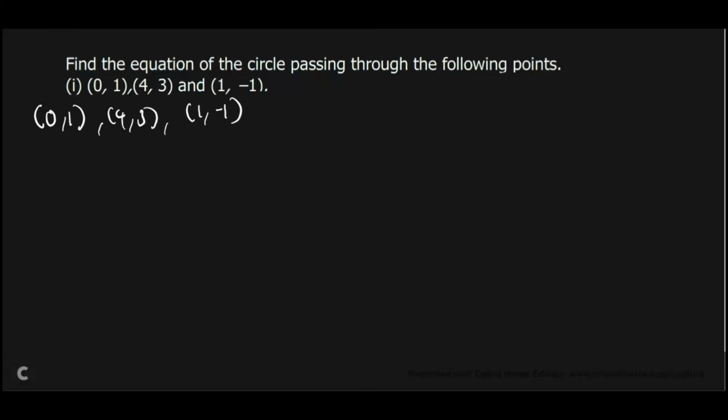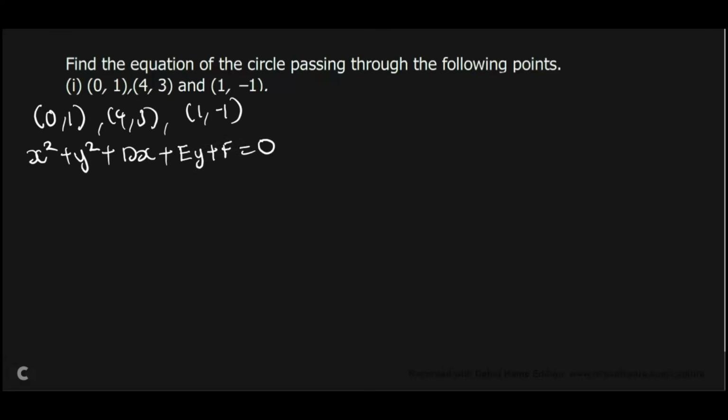So now let's know the general equation of the circle. It's x squared plus y squared plus dx plus ey plus f equal to 0, right?